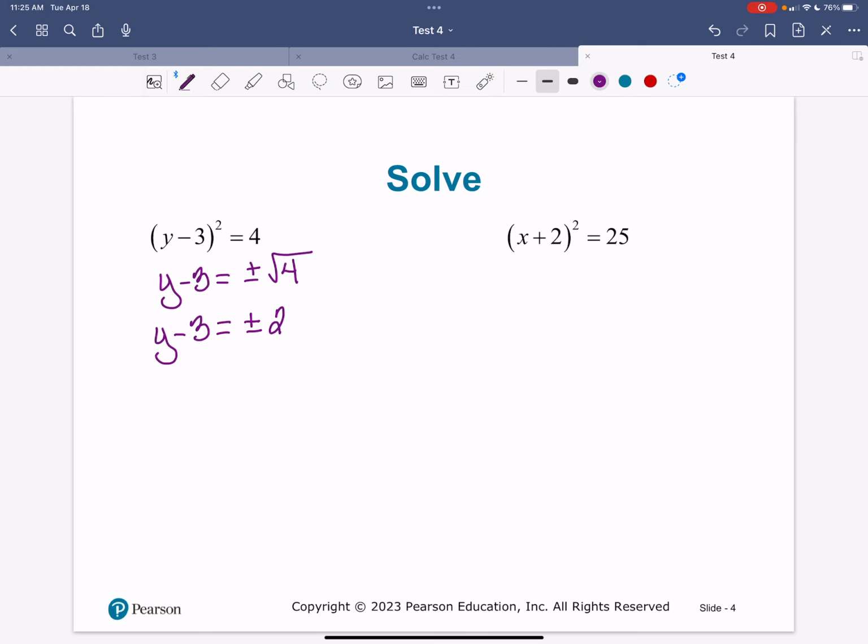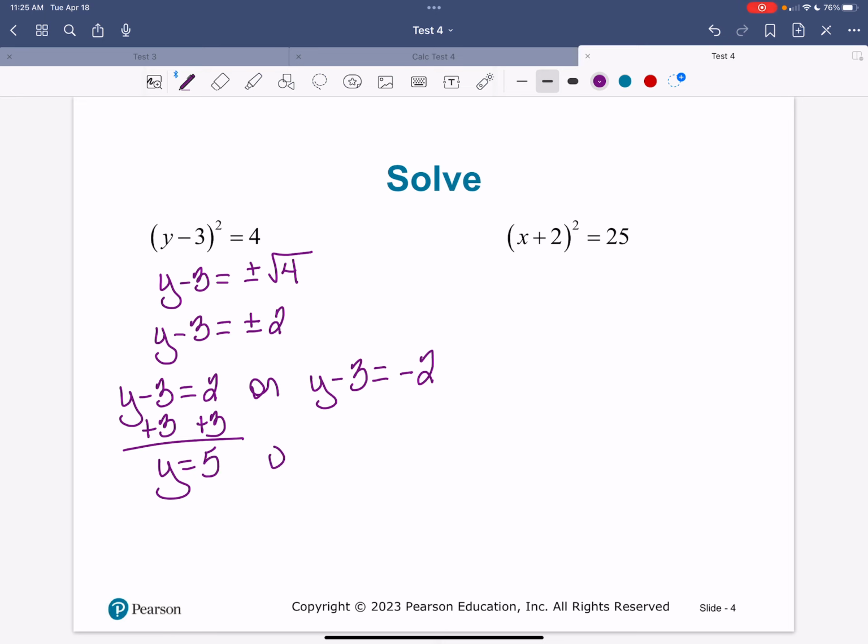So y minus 3 can equal positive 2, or y minus 3 can equal negative 2. For this one, I add 3 to both sides, and I get y equals 5. For this one, I add 3 to both sides, and I get y equals 1.